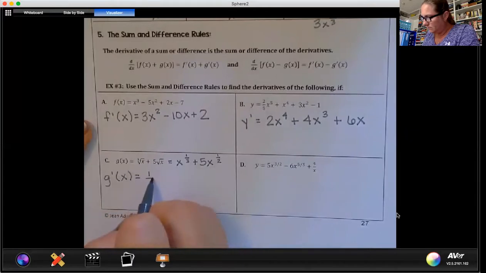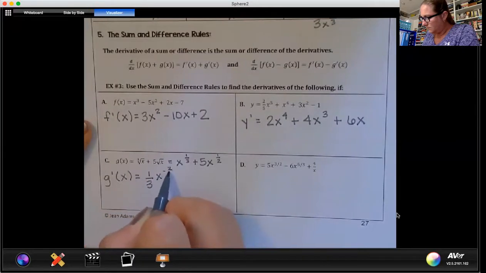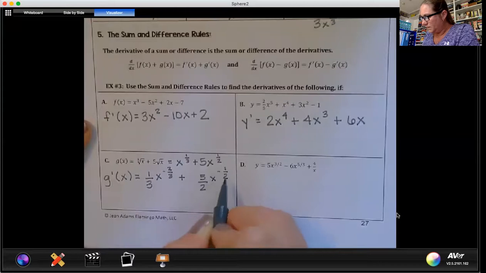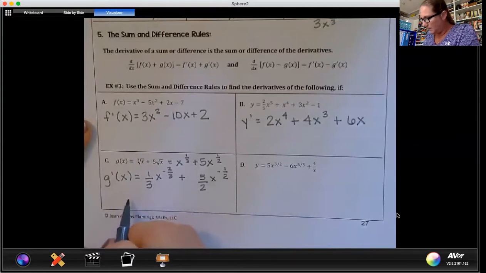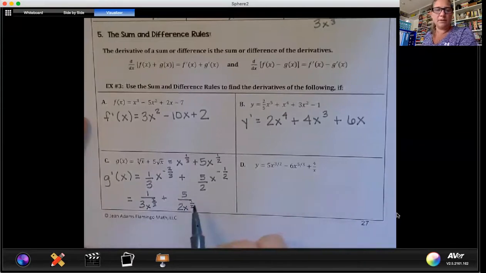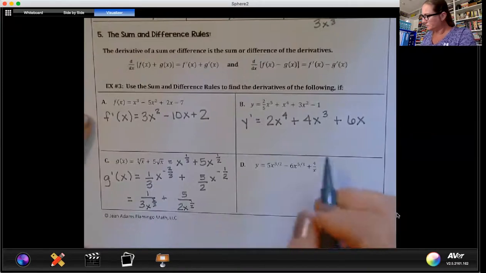Bring down, minus 1, plus, bring down, minus 1, and then evaluate those negative exponents: 1 over 3x to the 2/3 plus 5 over 2x to the 1/2. And you can use your rational exponents or you can use your roots. Typically, square roots are used for x to the 1/2 and really not much beyond that, but that's your choice.